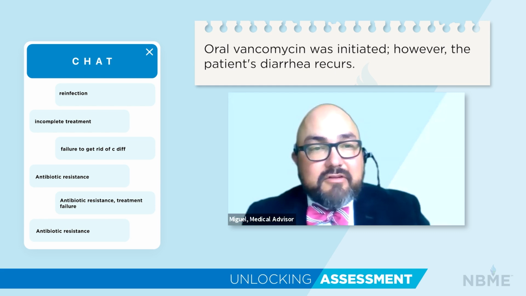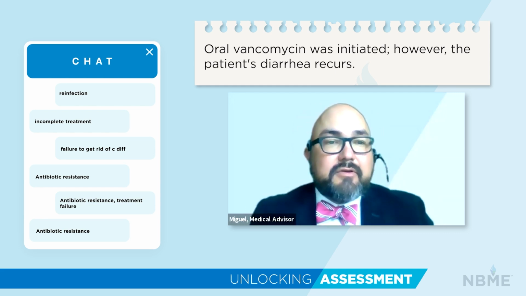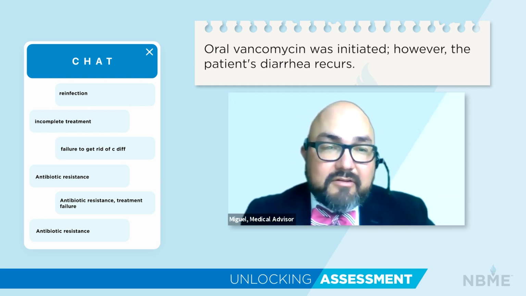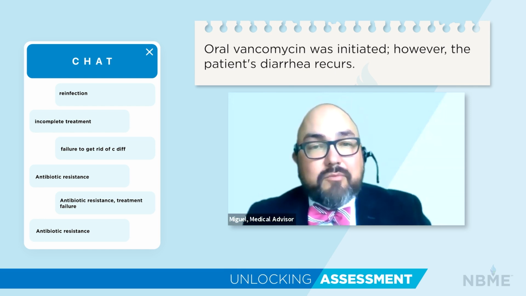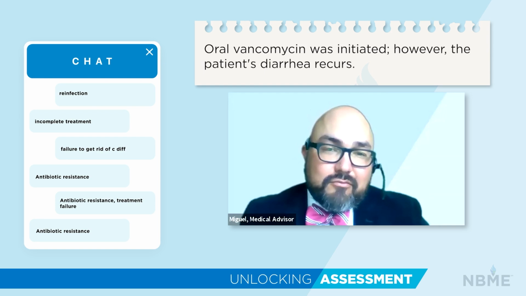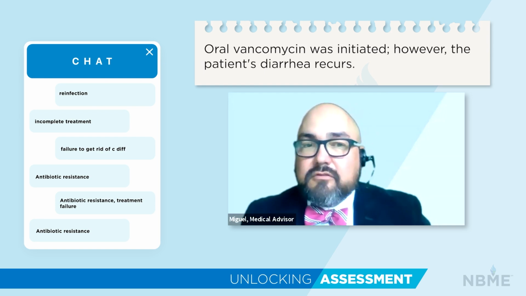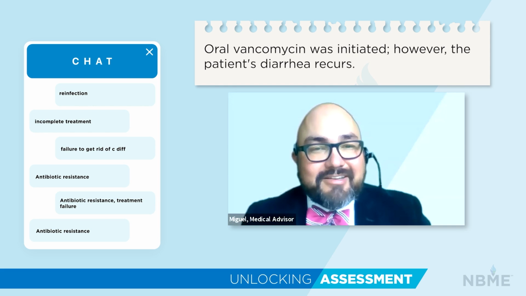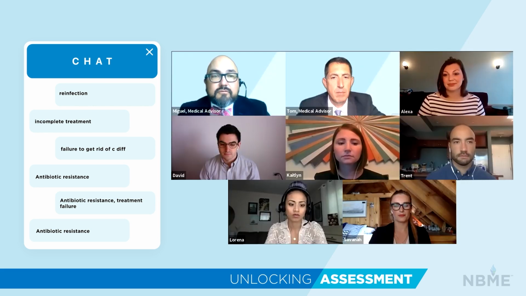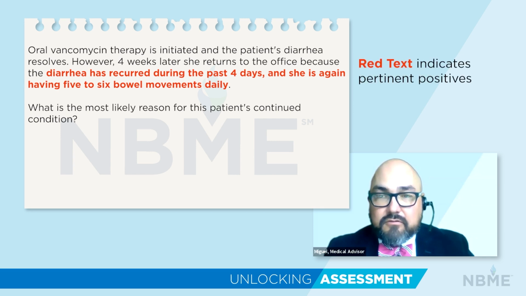So vancomycin and that class of antibiotics typically are bacteriostatic, not bactericidal, and so that could change the clinical response or what we might expect. So this is a really nuanced situation that requires a lot of different skills to get to the bottom of it. Let's see what the red flags we felt were here in this case.